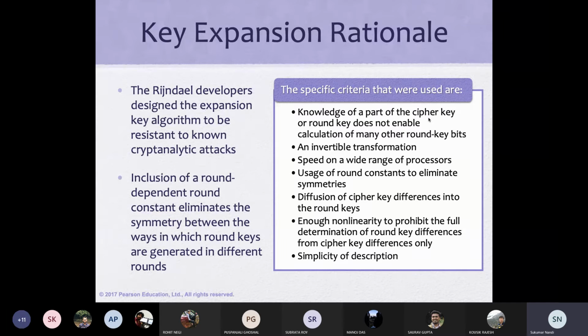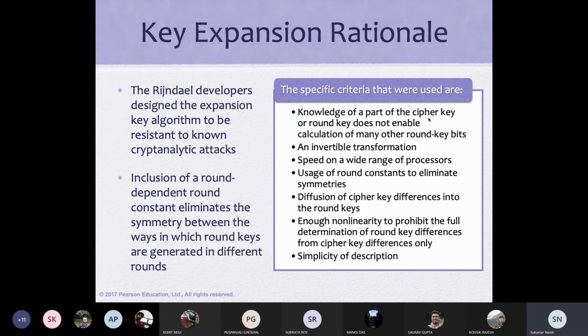Why? Because the same key has to be used, and if you go back the other way, you will find it is again shift and add operations. Shift takes very little time, and add is nothing but XOR. The round constant eliminates symmetry, as I mentioned earlier.